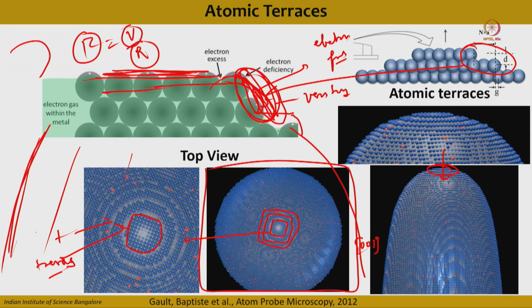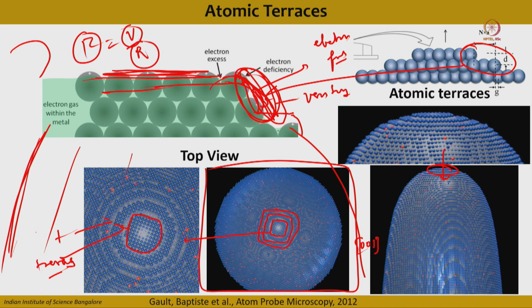This will have a direct consequence on the field ion image which we have gathered. So now you remember that we are actually seeing this atomic structure on the tip surface, and these are called terraces, which are a very important consequence for the field ion images. How is it related?